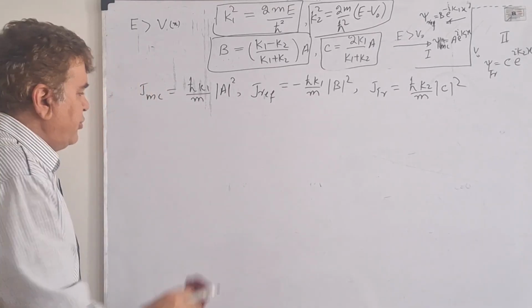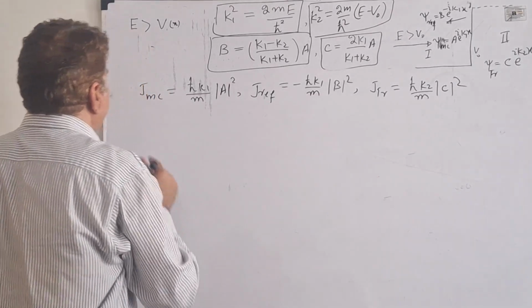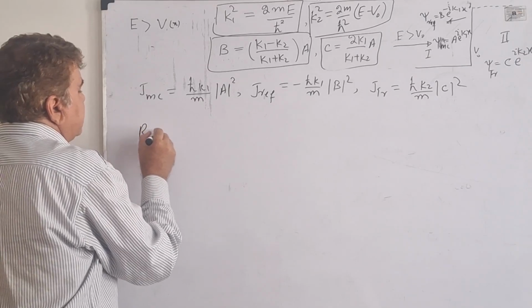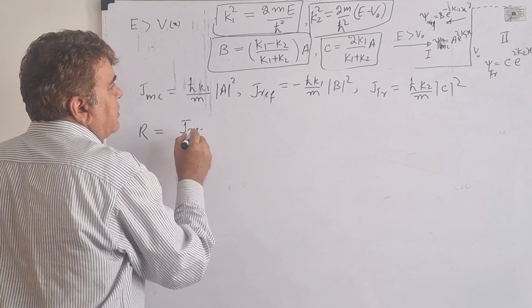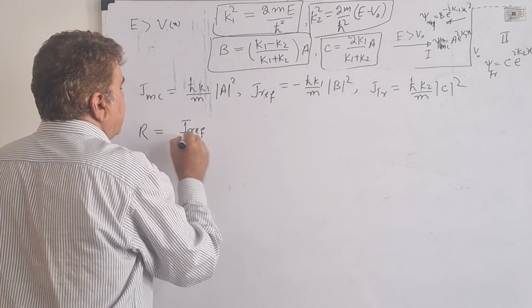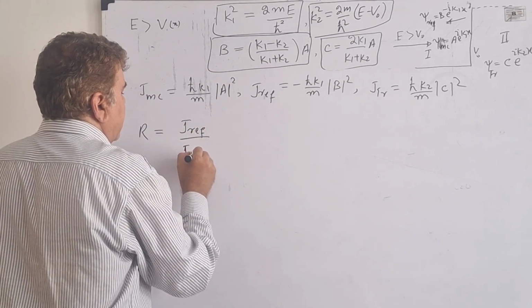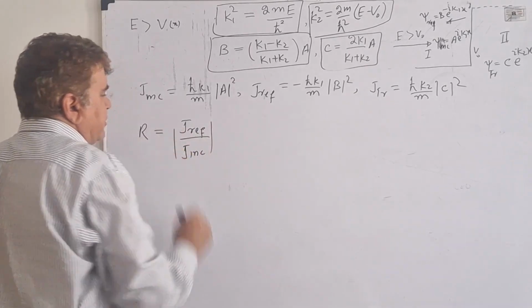Now, by definition, the reflection coefficient R is given by the modulus of J reflected divided by J incident.